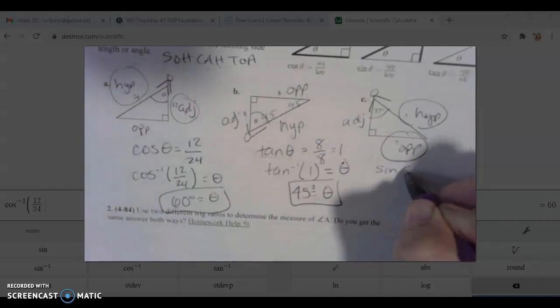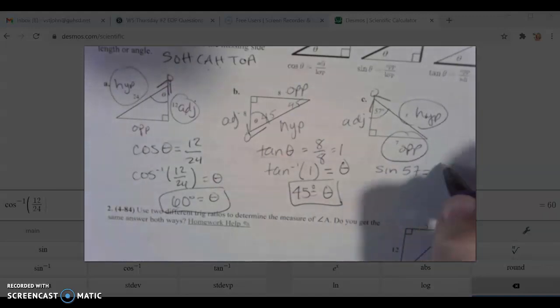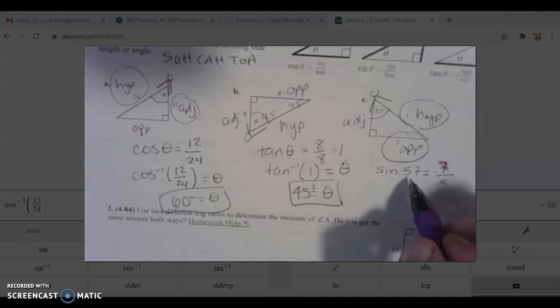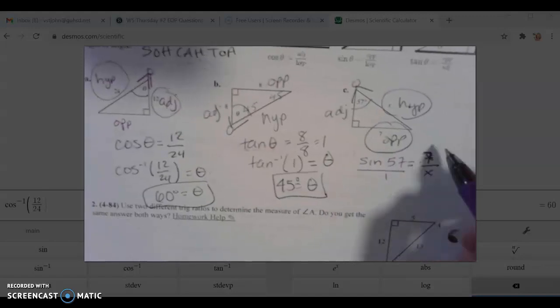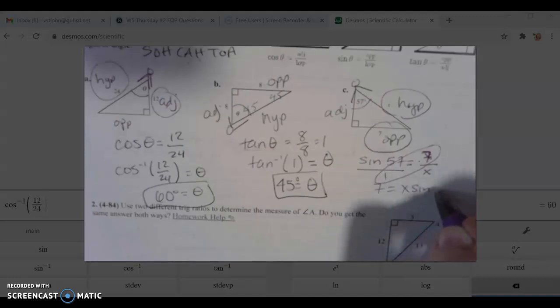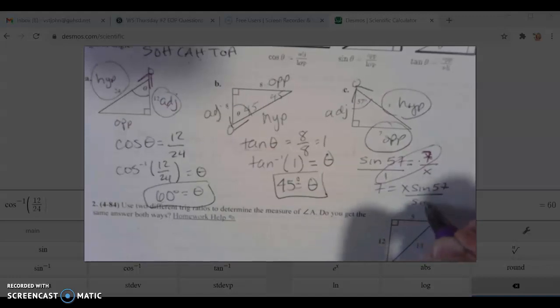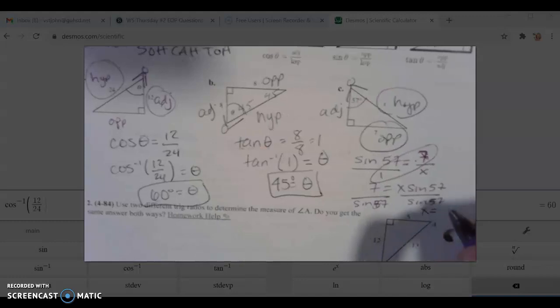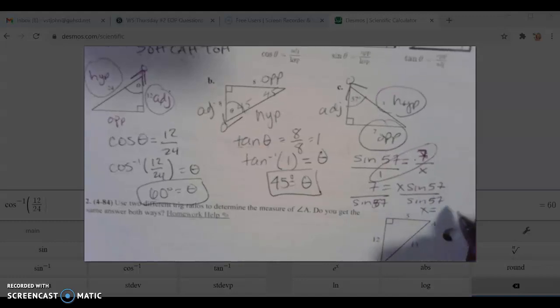So sine of 57 equals opposite over hypotenuse. Because I have the measure of the degree here, I don't have to do inverse. I'm just going to set up the proportion, like we've been doing. 7 equals x times sine of 57. Divide both sides by sine of 57, and you're going to get x equals something. You're going to tell me what that equals when you do your homework.